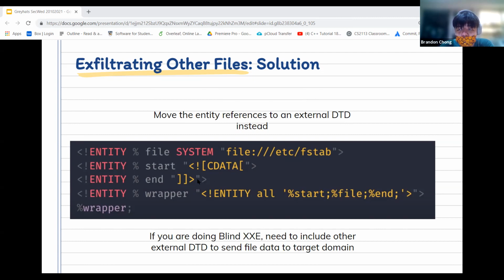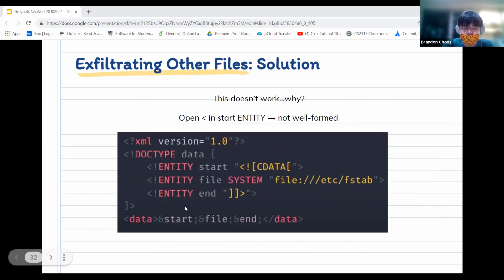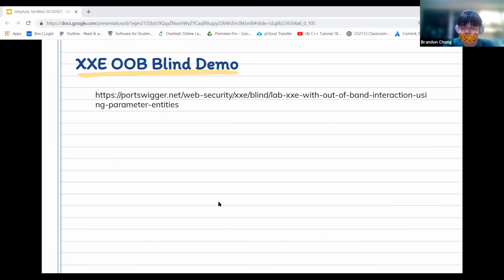We define the two entities for the start and end text. We also use the wrapper entity, which has a general entity with all the other parameter entities inside, and then we just call it within the DTD. So this will allow us to actually read the contents of fstab when we use it in the data text.